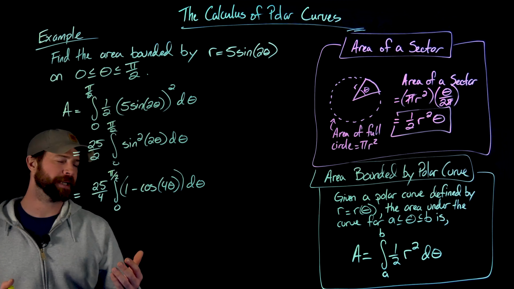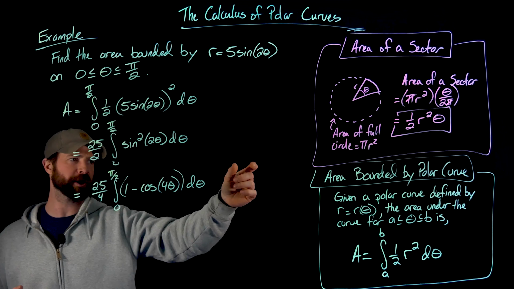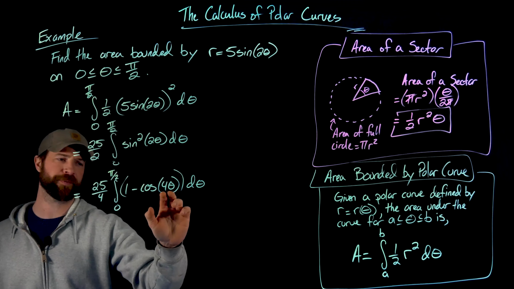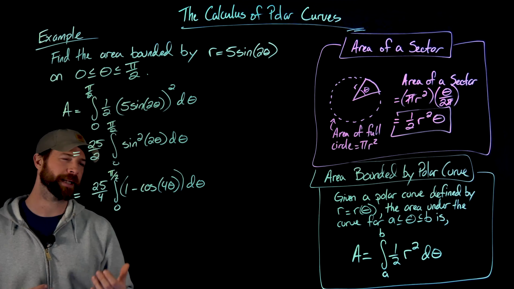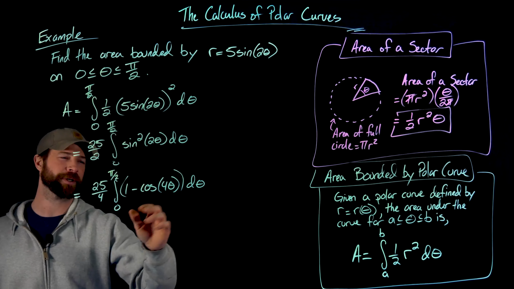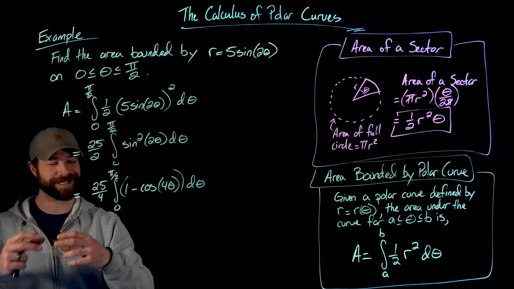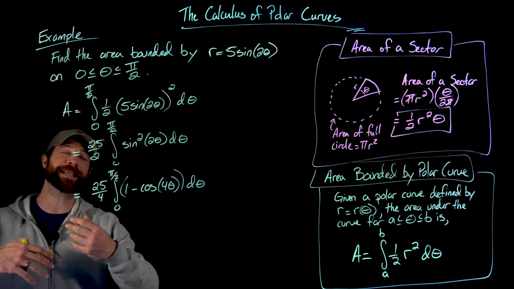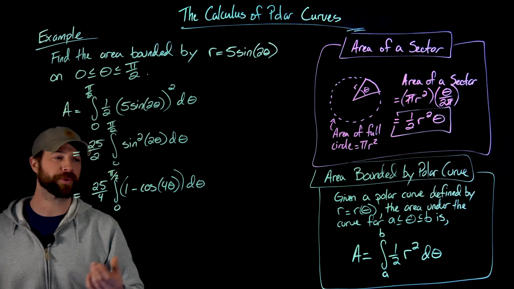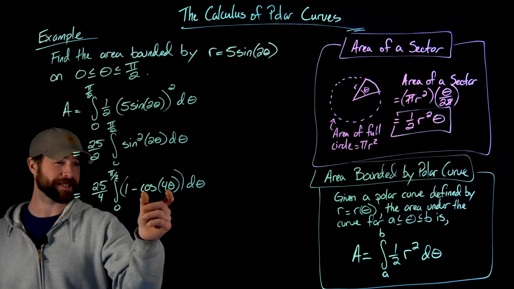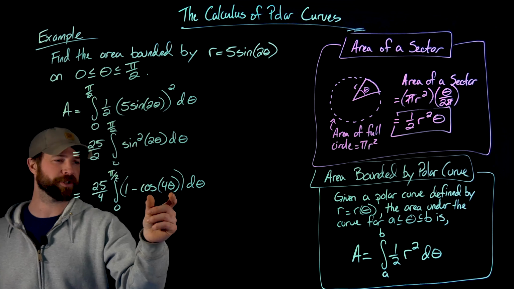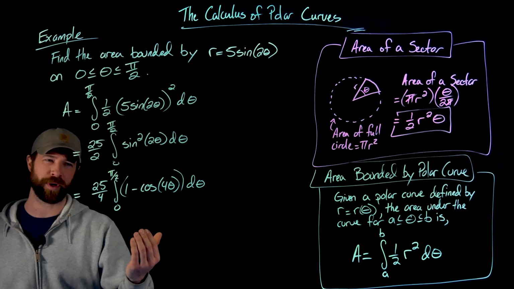Now I can actually integrate. What I could do right now is do a u substitution for this 4 theta right here. But again, I like to do this if I have just a linear expression inside of a function. I just think of anti-chain rule, where when I integrate cosine it's going to turn into a sine, and I'm going to divide by 4.